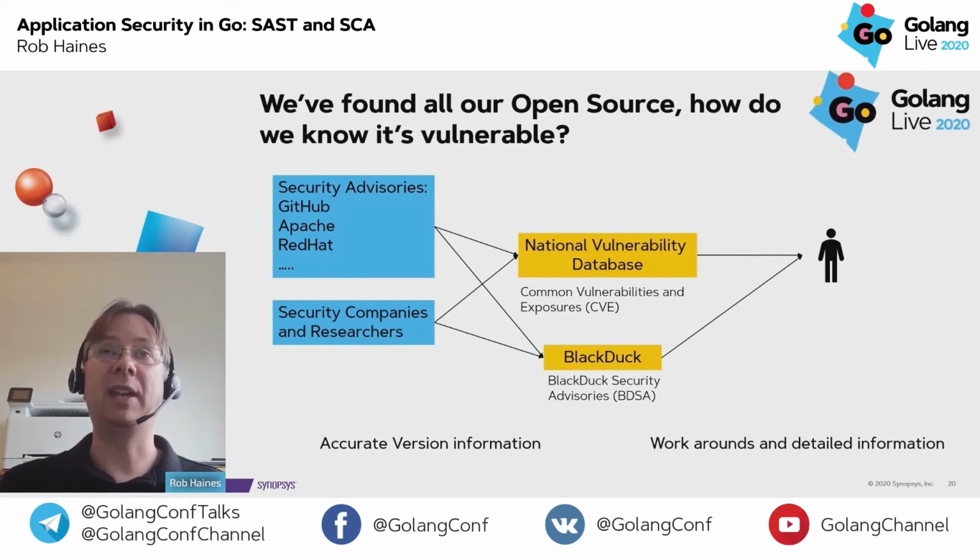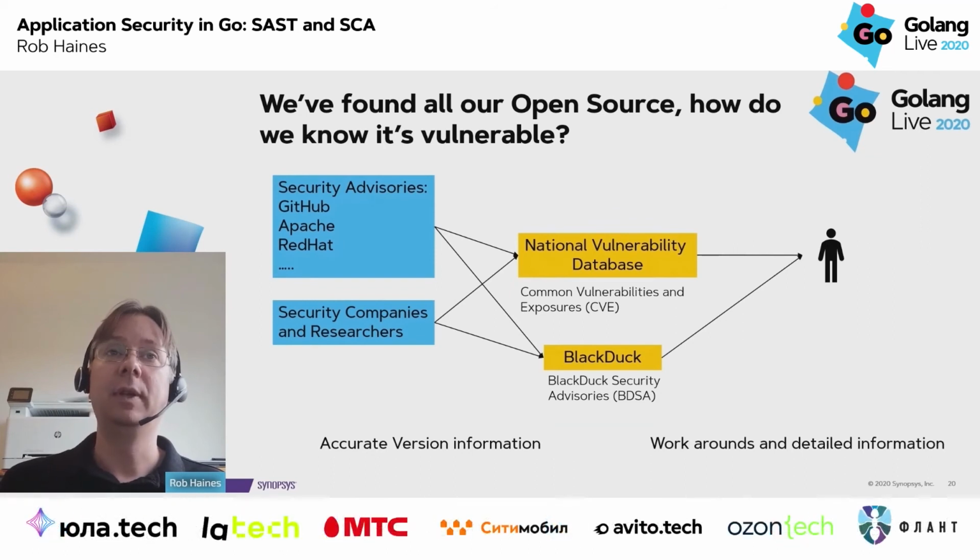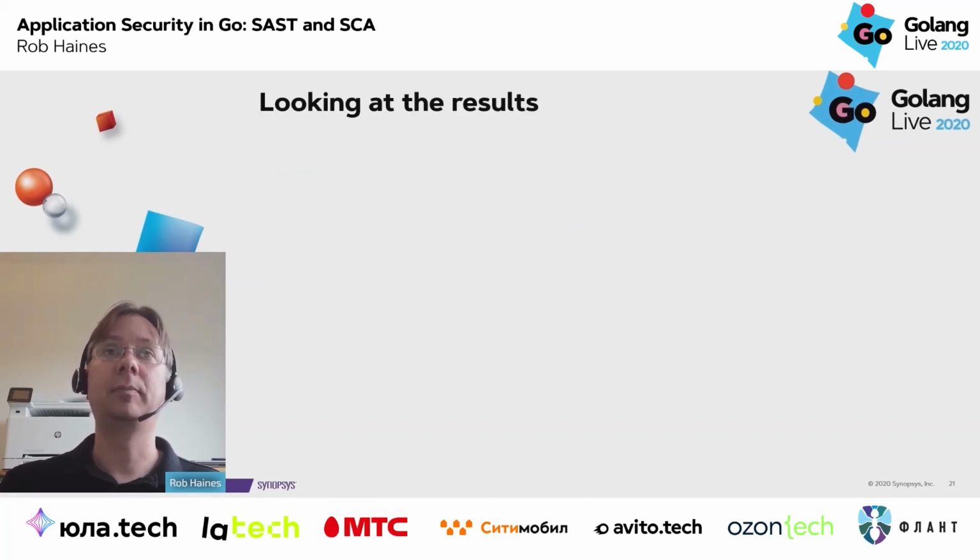The Apache site was updated in a couple of days, so that was great, the information was there. The National Vulnerability Database in the US were told on the same day, and it took them 6 months to update. So using the National Vulnerability Database as your single source of truth is not a good idea. That's why our Black Duck tool actually uses both these security advisories, security companies, researchers to provide detailed information.